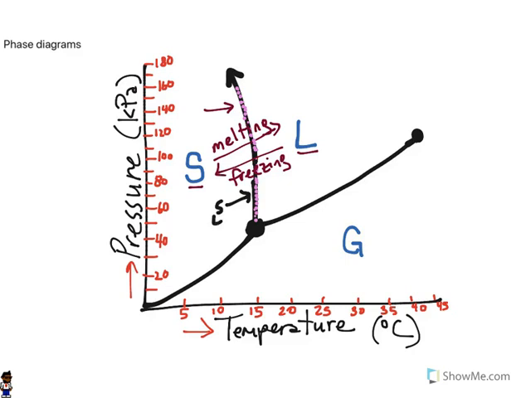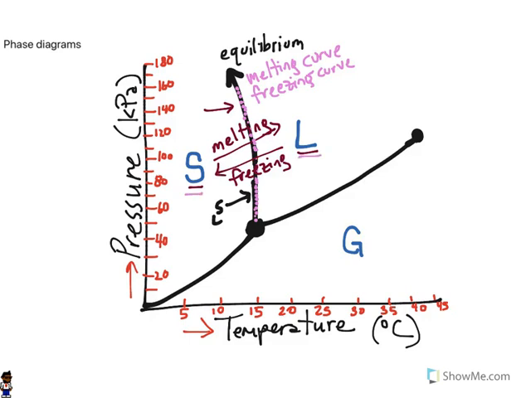It's called equilibrium. So this curve is called the melting curve, or it's also called the freezing curve. It turns out that the melting point and the freezing point are the same thing.